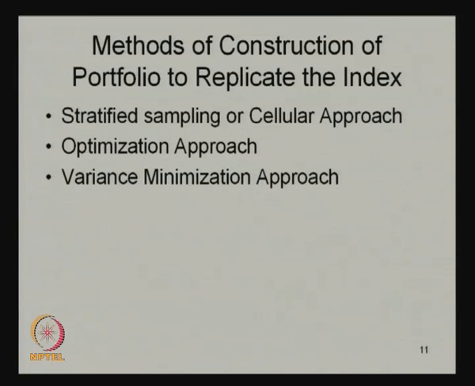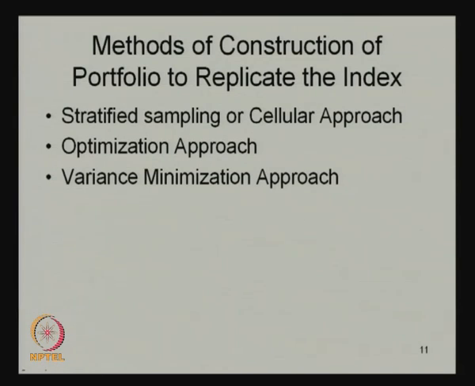Then, like your equity indexing portfolio, we have the same methods of construction of the portfolio to replicate the index. We have a stratified sampling approach, or the cellular approach, then we have another approach we call the optimization approach, and another is the variance minimization approach.